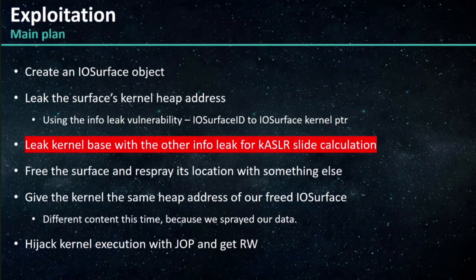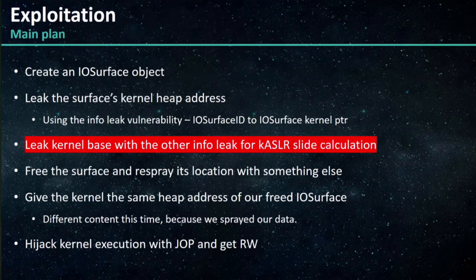And then we somehow have to leak the kernel base to find the KASLR slide calculation. We free the IO Surface object. We spray data of the same size, so our spray data gets into the same kernel address. We have to assume that it gets into the same kernel address, but statistics show that this is unbelievably reliable. And then we give the kernel address to the kernel, and the kernel believes it's a real IO Surface object, because that's the first vulnerability I showed here.